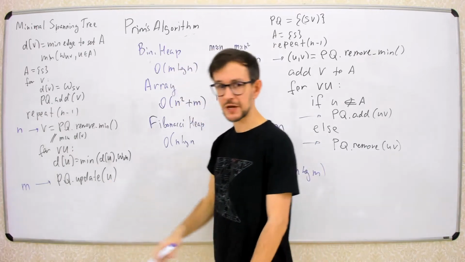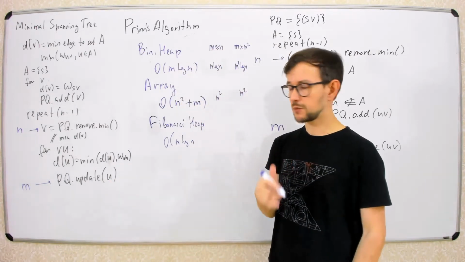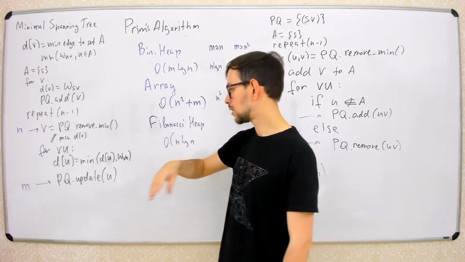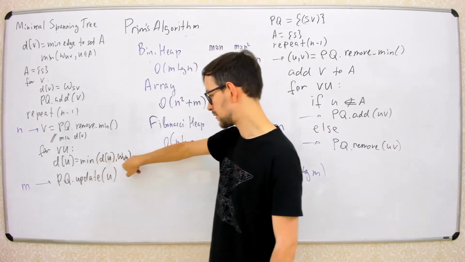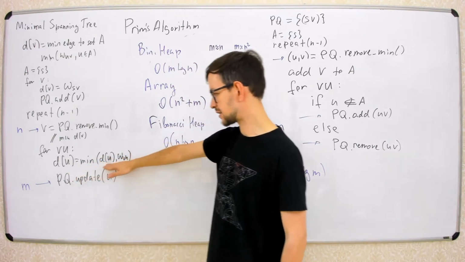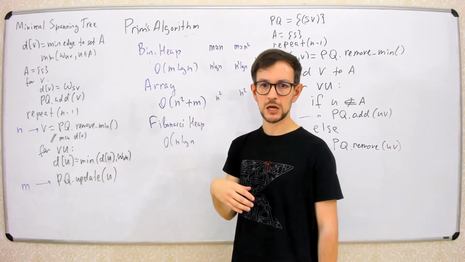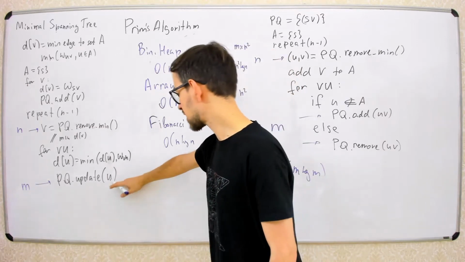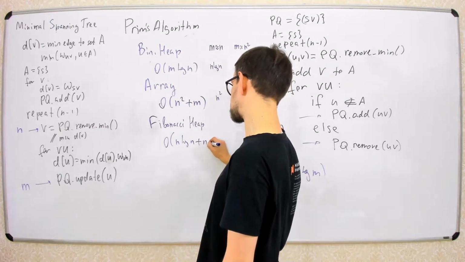But this operation is actually decreasing the key in the Fibonacci heap, because d is always decreasing, since it's the minimum of the previous value and this. So in this line you always decrease the key d, and you can decrease keys in a Fibonacci heap in constant time. So this operation works in constant time, so n log n plus m.